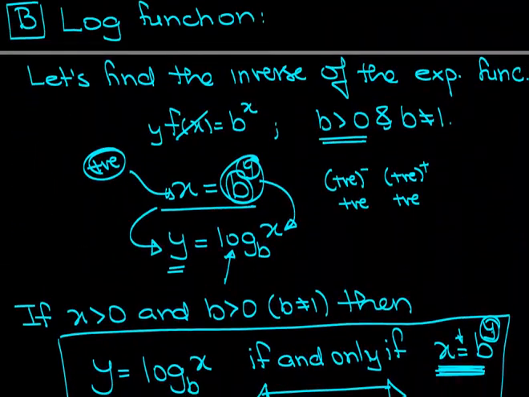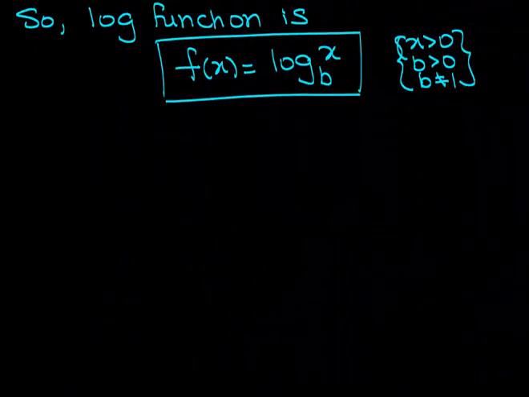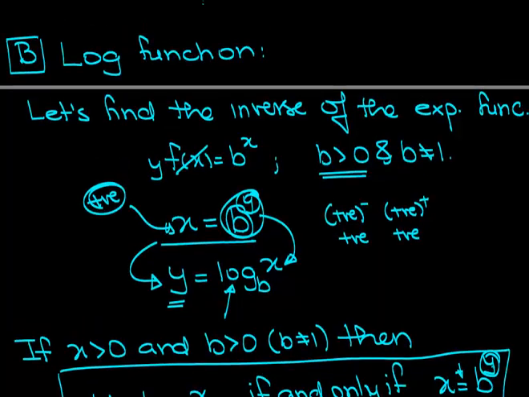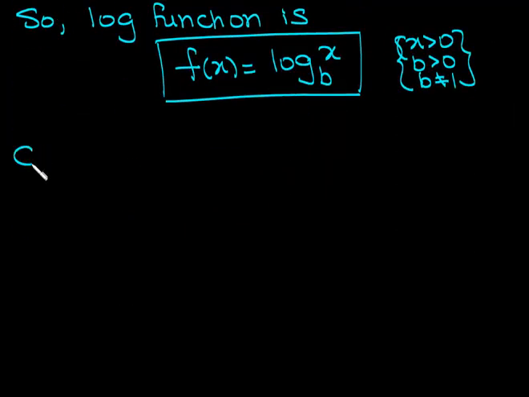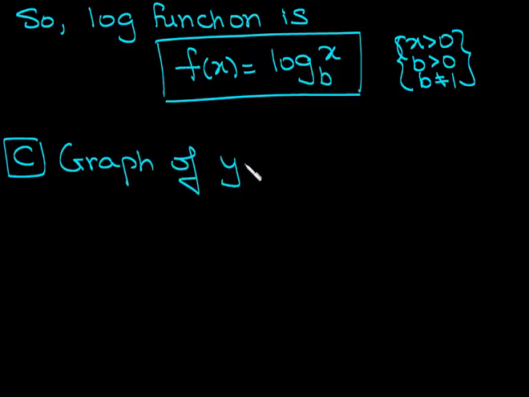Now that we know what a log function is, the inverse of an exponential function, where b is the base and there are the requirements on b, let me go ahead and graph f of x is equal to log x base b.